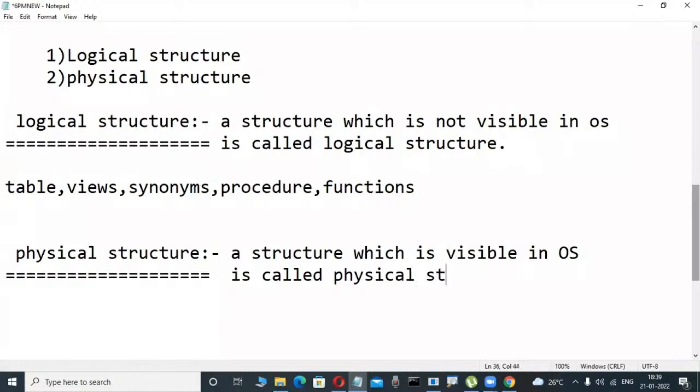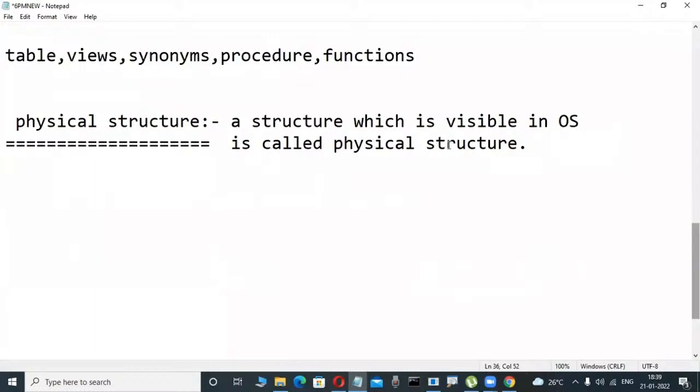It's a big concept. I'm telling the definition side only, and I will tell you which definition is correct. A structure which is visible in the operating system is called a physical structure.